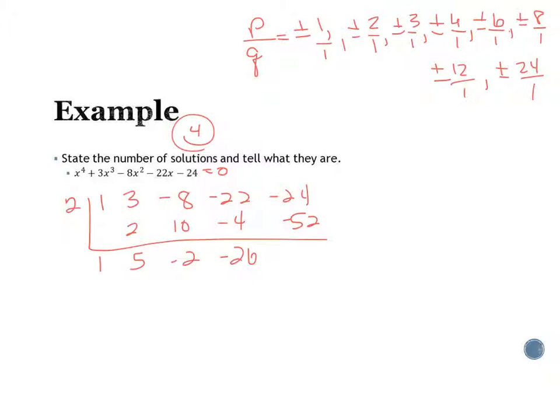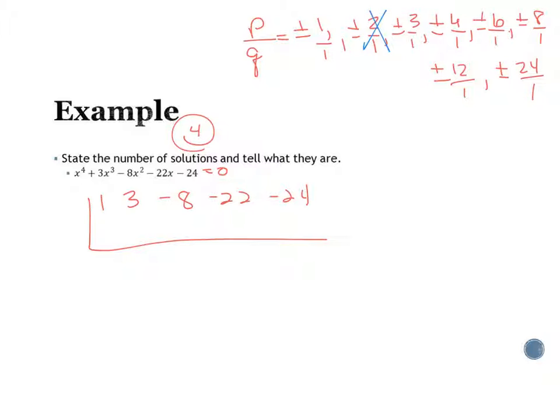Okay, that's not going to work. So 2 did not work. Would negative 2 have made any difference? Let's see here. We do negative 2, drop, multiply, add, multiply, add, multiply, add, multiply, add. Nope. Alright, so it's not 2 or negative 2. I'm erasing them because I'm going to run out of room here. Really, you probably should keep them on your paper just so you can verify you did try them.